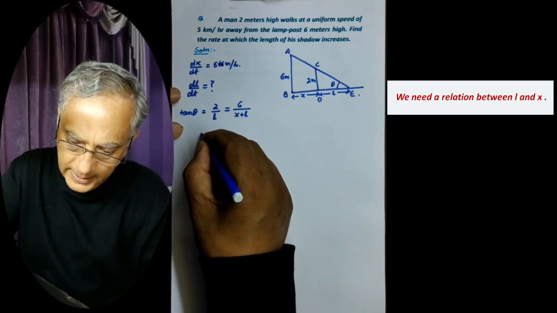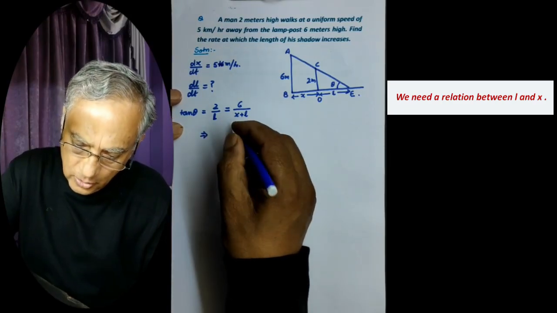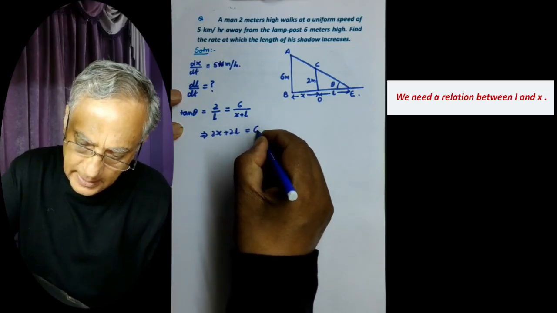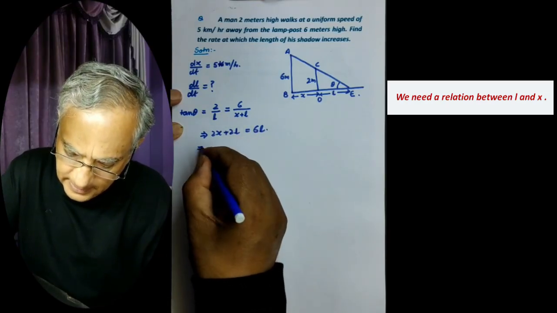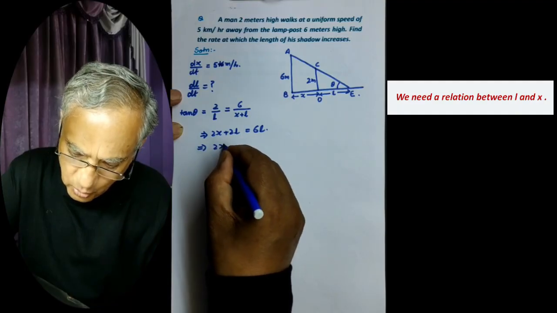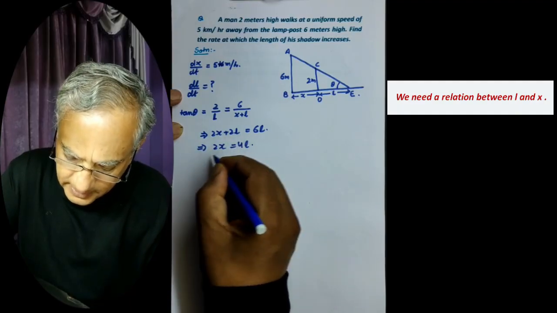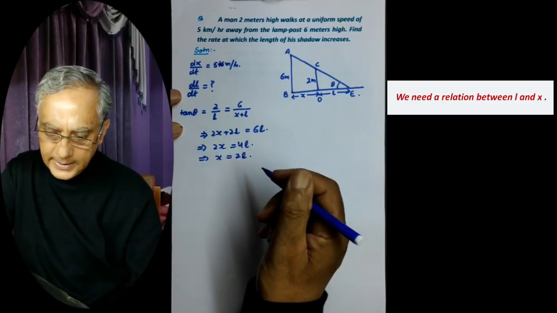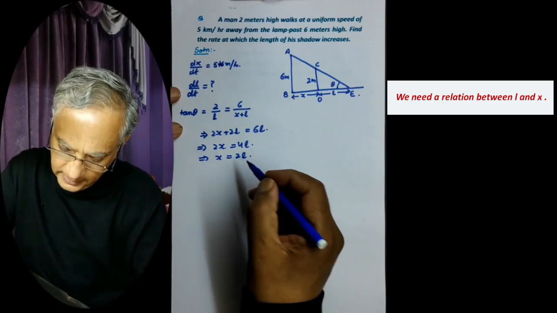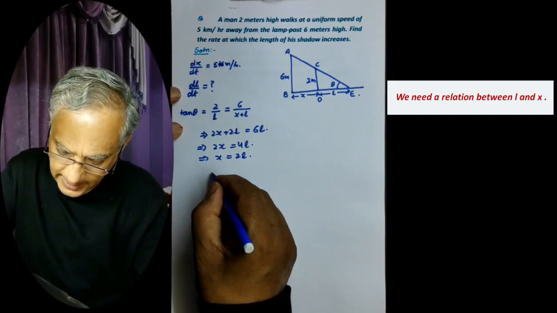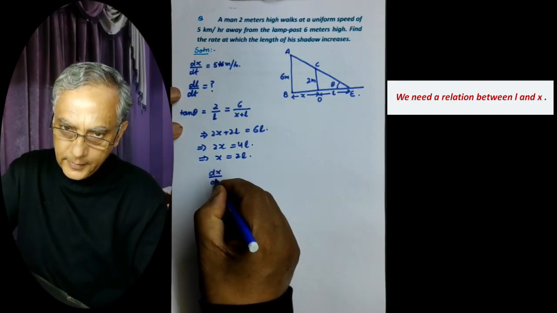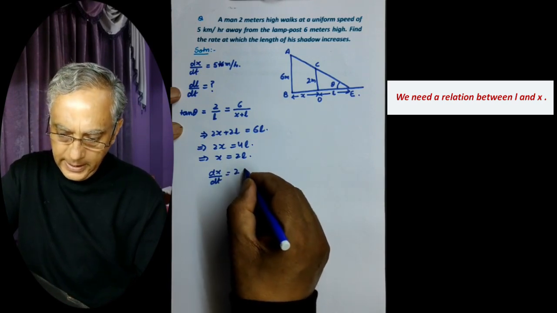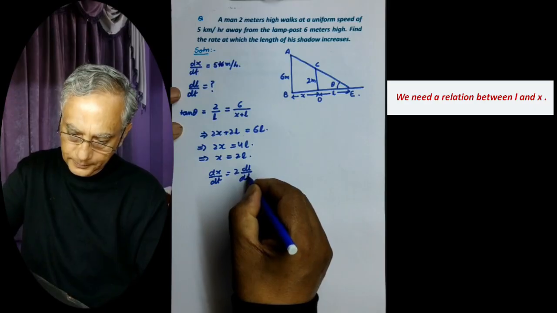So we can simplify this. This implies 2x plus 2L is equal to 6L. And this implies 2x is equal to 4L, and this implies x is equal to 2L. So x is 2L, and therefore dx by dt must be equal to 2 dL by dt.